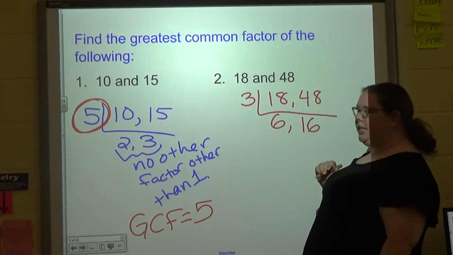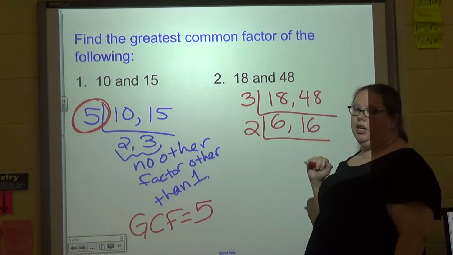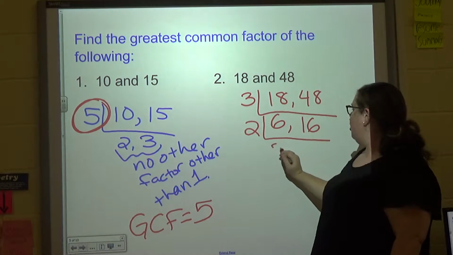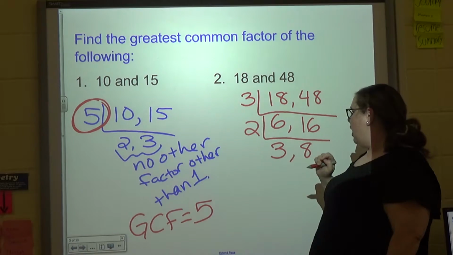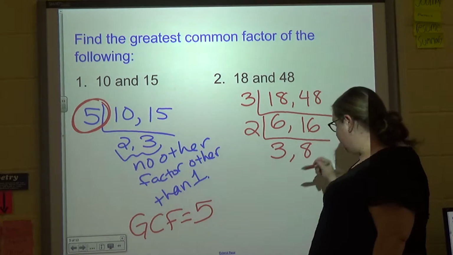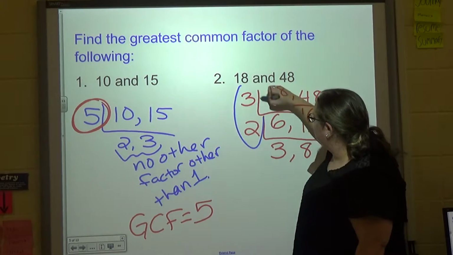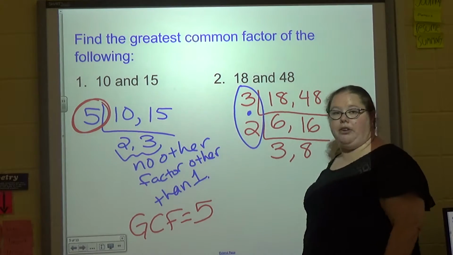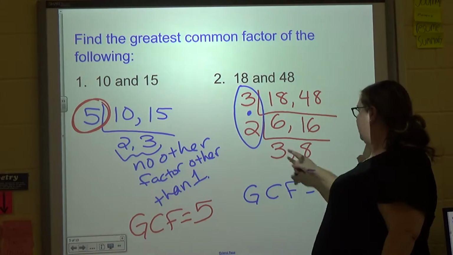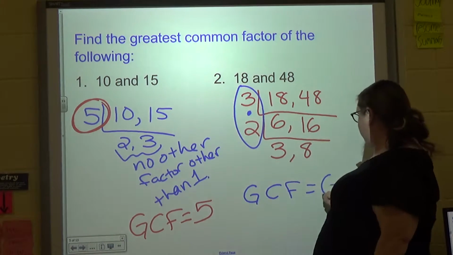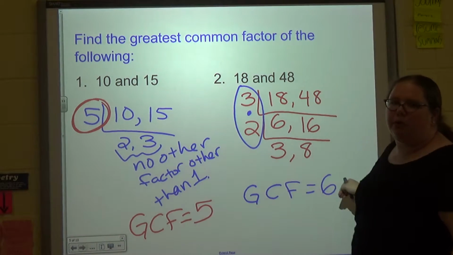Does anything go into 6 and 16? 2, they're both even, so I'm going to try 2 this time. 3, 8. Does anything go into 3 and 8? No. So that means I'm done. Then I'm going to take these two side numbers and multiply them together. So my GCF is 3 times 2, which is 6. And that's finding the GCF using my backwards division.